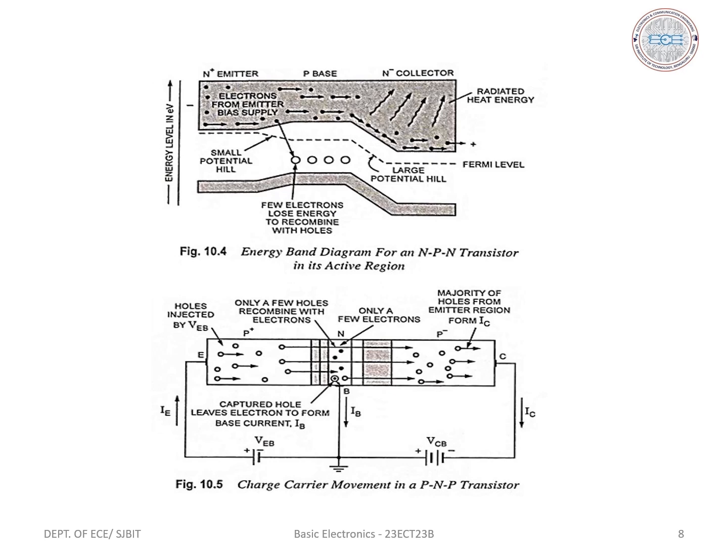Next, we will explain the operation of a PNP transistor. The PNP transistor behaves exactly in the same way as the NPN transistor. The only difference is that the majority charge carriers are holes instead of electrons. Holes are emitted from the P-type emitter across the forward biased junction into the base.